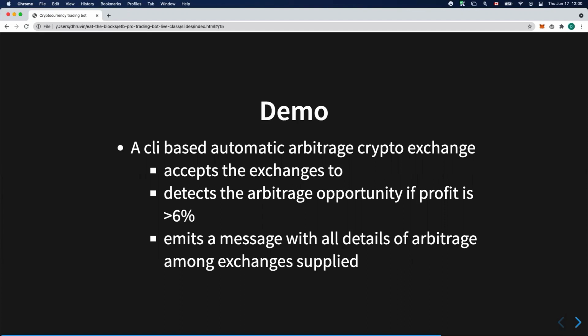And then it's going to emit a message with all the details of which asset you can buy from which exchange, and you can sell it in which exchange, and how much profit you are actually going to make.